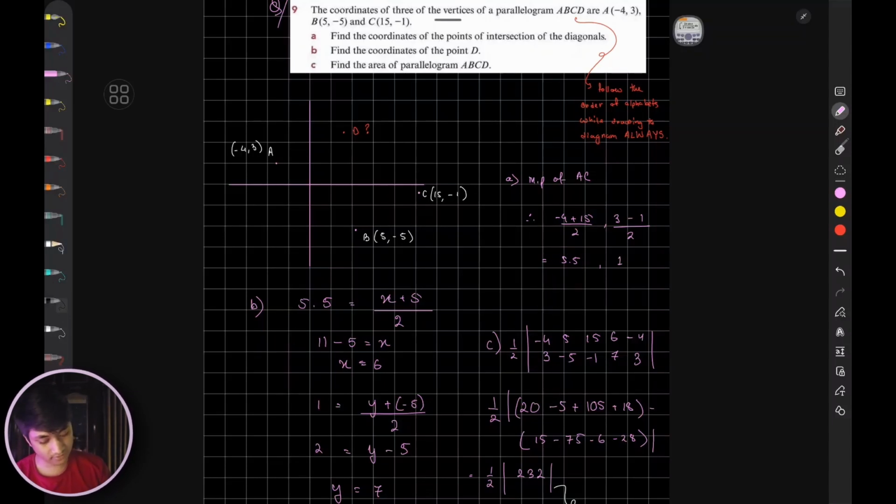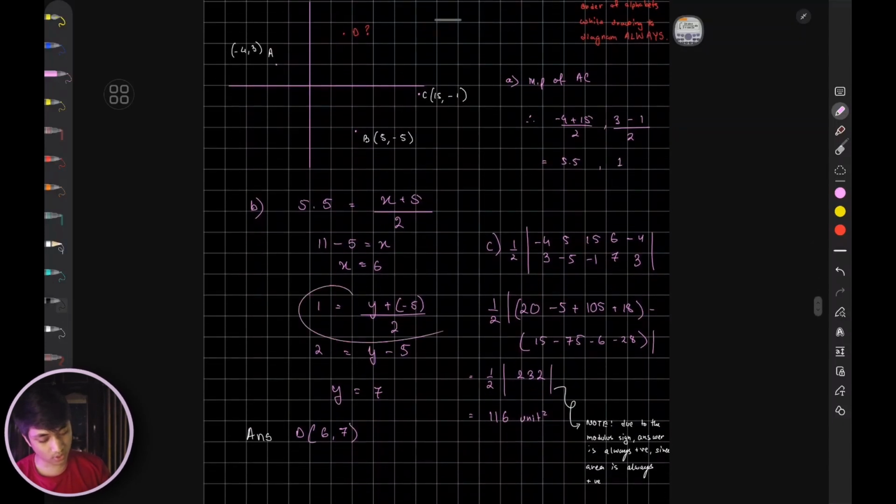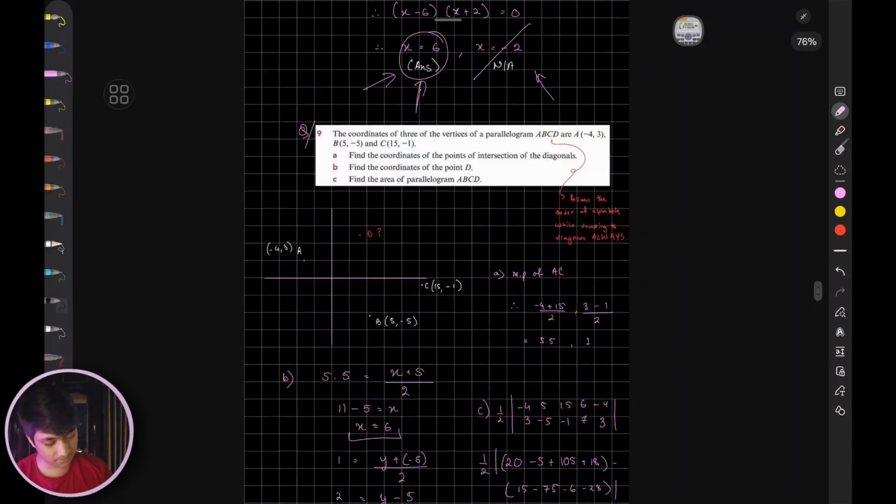And the coordinate of D is going to be X, and the X coordinate of B is going to be 5, so X plus 5 divided by 2 is supposed to give me 5.5. Do the same with the Y coordinate, and you're going to get the coordinates for D. Right? Fair enough. So you get the coordinates of D, and A and B is simple.